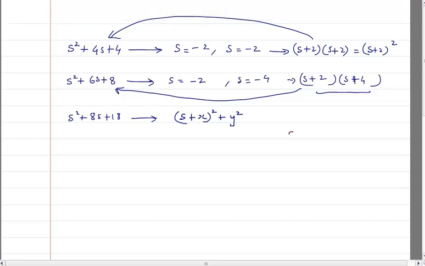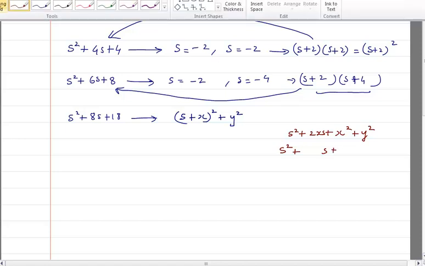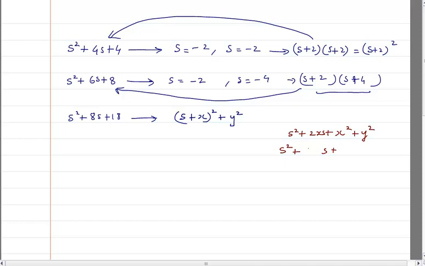It will look like s square plus 2xs plus x square plus y square. That means if I write s square here, the coefficient of s is going to be 2x, and here the remaining portion will be x square plus y square.